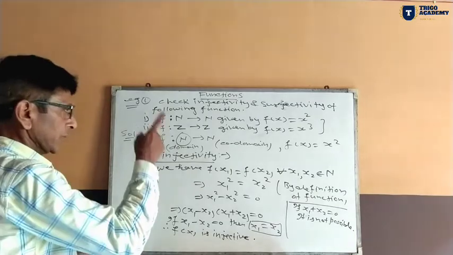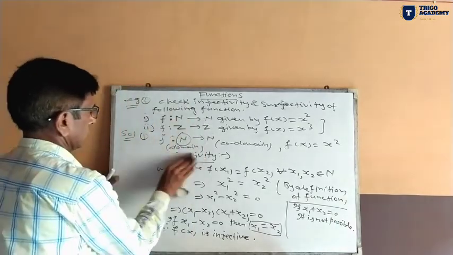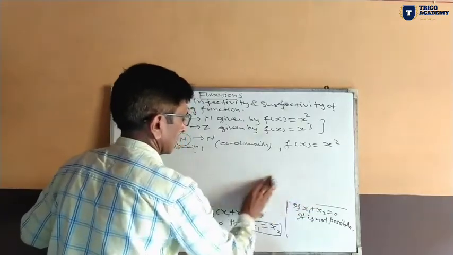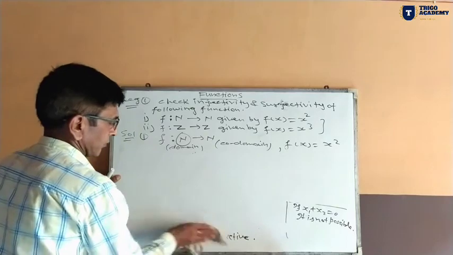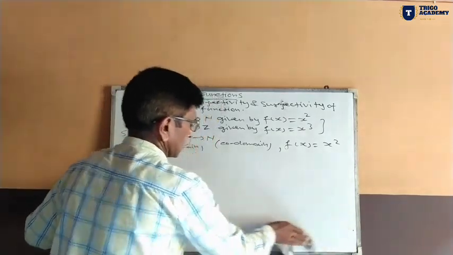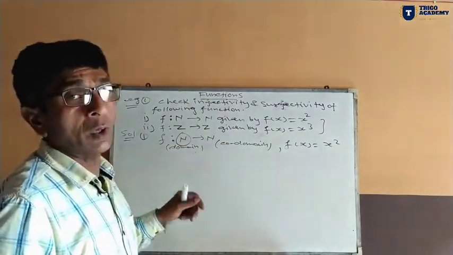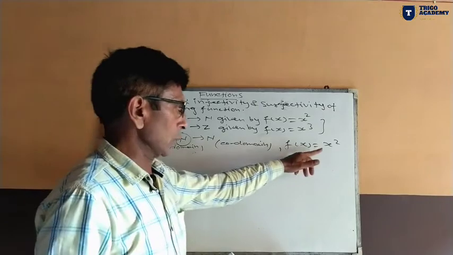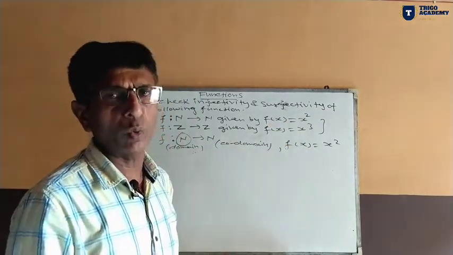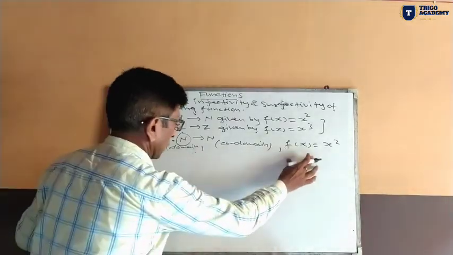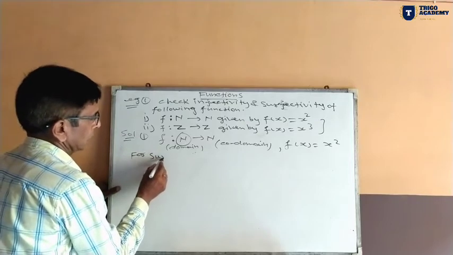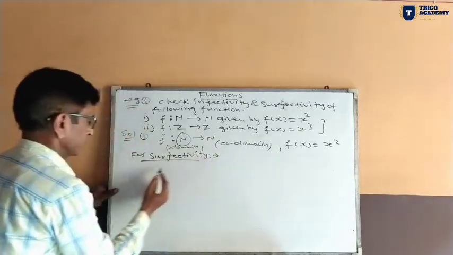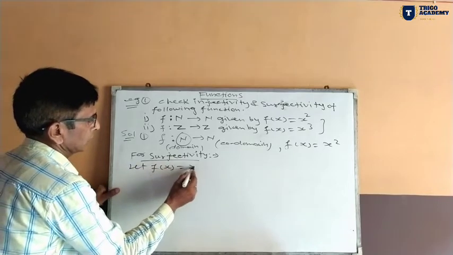Okay. Second, surjectivity. In this case, we will prove that each element of the codomain has at least one pre-image in the domain. No element of the codomain should be without a pre-image. So now for surjectivity, we consider let f(x) equal x square.